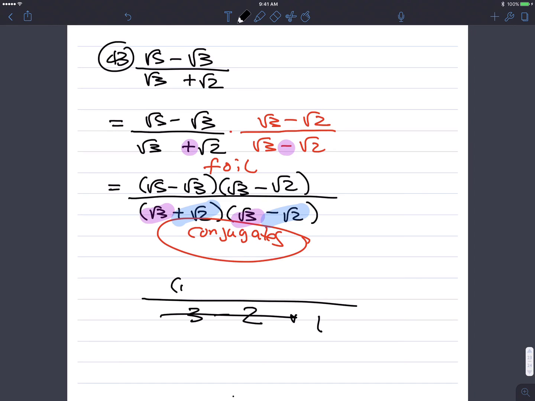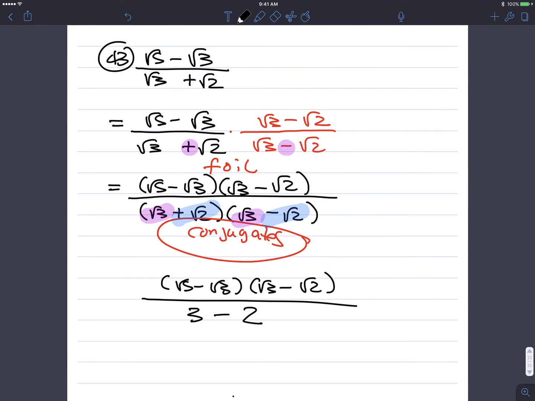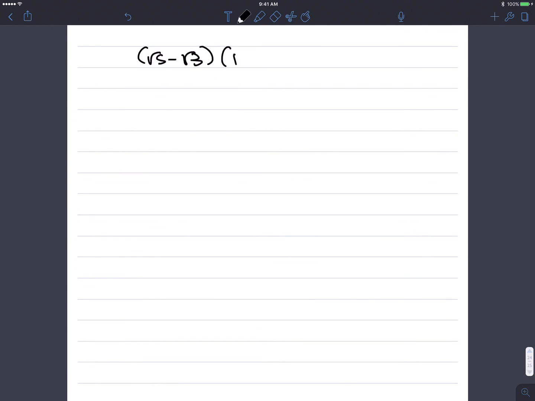The only work we really have to do is to multiply the square root of 5 minus the square root of 3 by the square root of 3 minus the square root of 2.